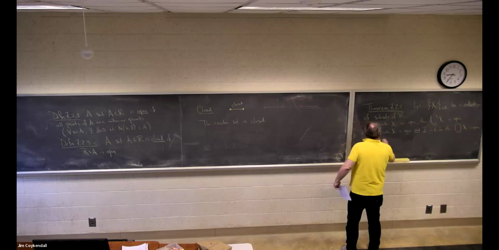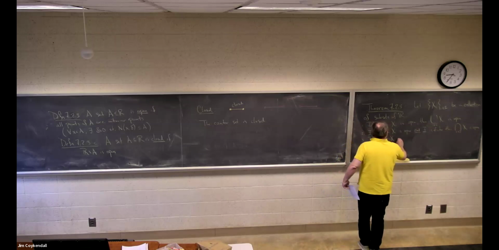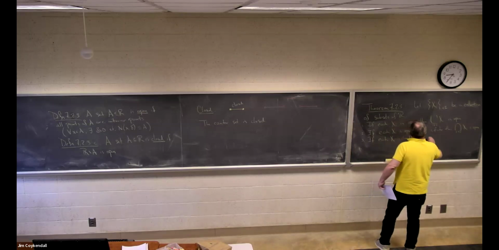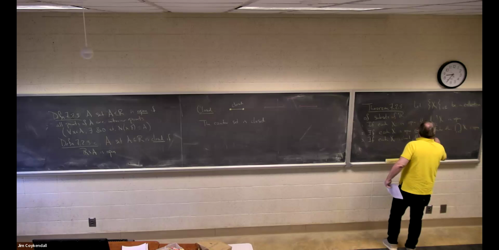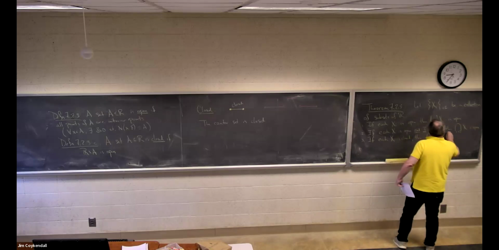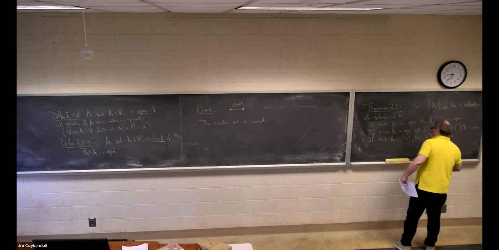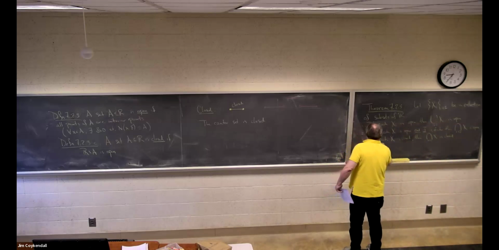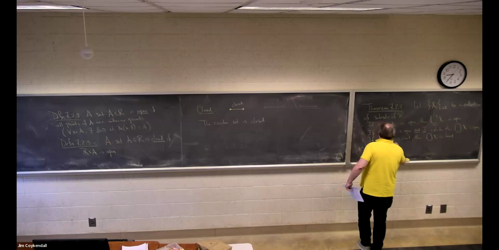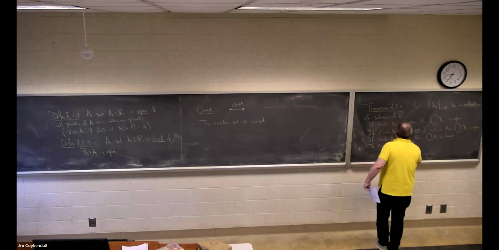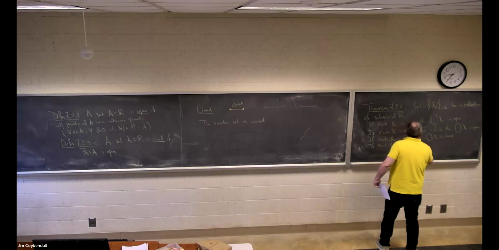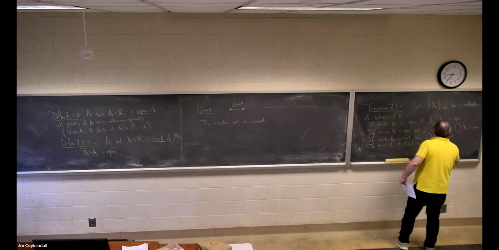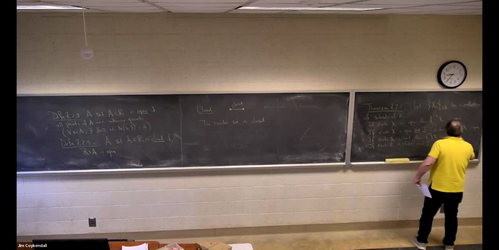Number 3, if each Xi is closed, then the intersection of Xi is closed. And 4, if each Xi is closed and I is finite, then the union is closed.